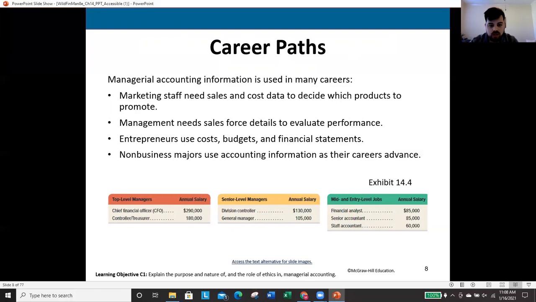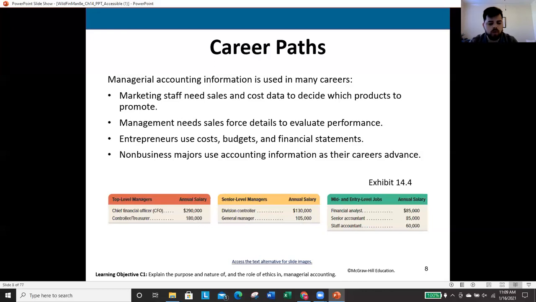Whether they know this is what they're doing or not, a lot of these ideas and concepts, whether they call them what we call them or not, are going to be employed because they simply need to be to run a successful business. So here we see marketing staff are going to need sales and cost data to determine which products to promote. Management will need salesforce details to evaluate performance.